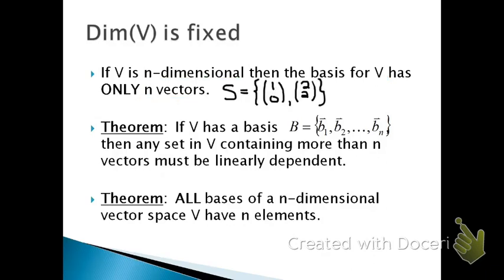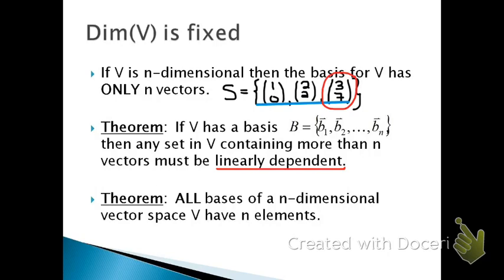Let's consider this set S that we have here with these 2 vectors. It turns out that the set S is a basis for R2. If I add another vector to S, say for example this vector 3, 7, notice that S is no longer a basis. In fact, the set is linearly dependent. How do we know that?